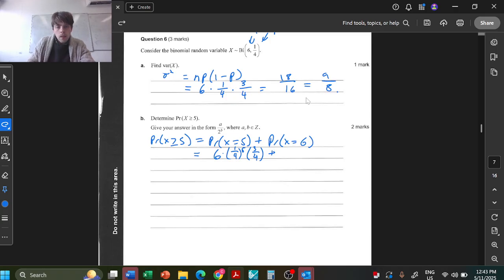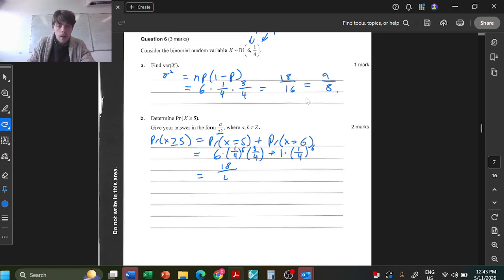Then we're going to add just 1. So 6 choose 6 is 1 times 1 over 4 to the 6 times 3 over 4 to the 0, which we don't have to write out. Working this one out, first up, it's in terms of 2 to the power of something. I was a bit worried, do we have to work out 4 to the power of 6? But no, we don't have to do that here. So that's 3 times 6 up the top, which is equal to 18 over 4 to the power of 6.